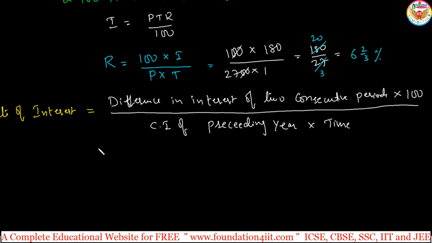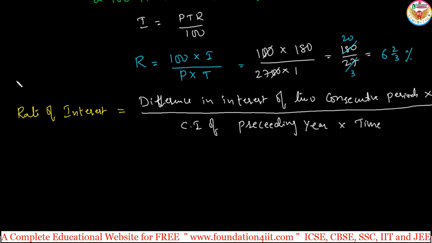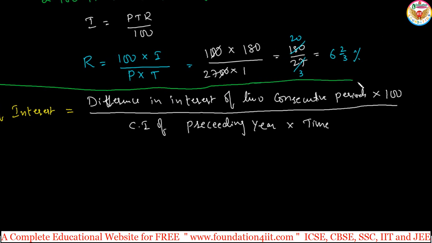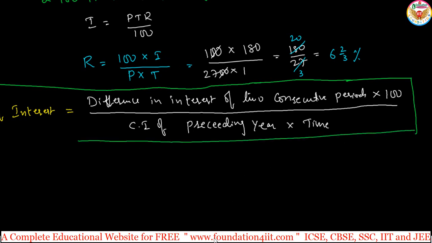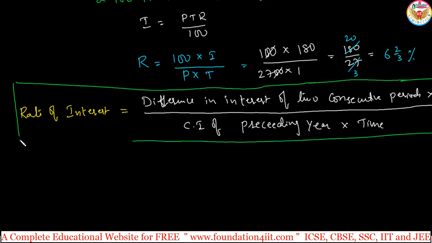So this we can apply directly. Okay, this is one of the methods. So to find out the rate of interest directly: difference in interest of two consecutive periods, which is mentioned, into 100 divided by compound interest of the preceding year into time. Okay, this we can notice.